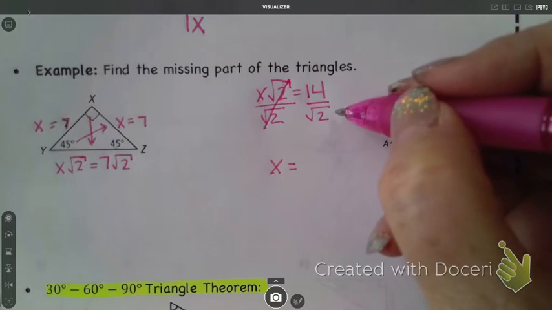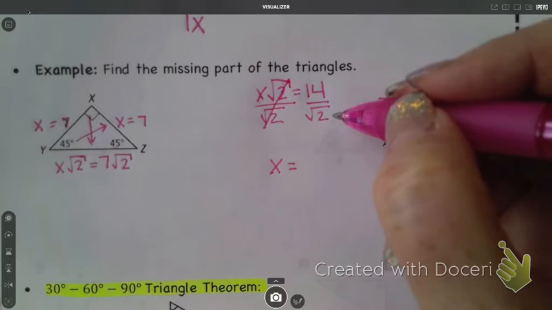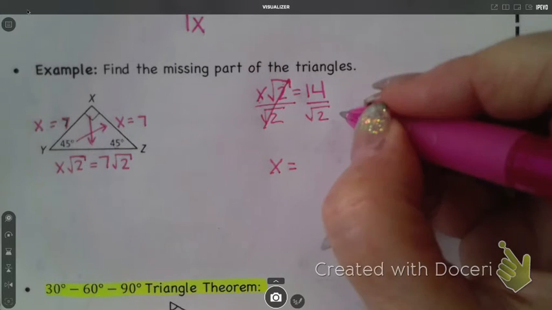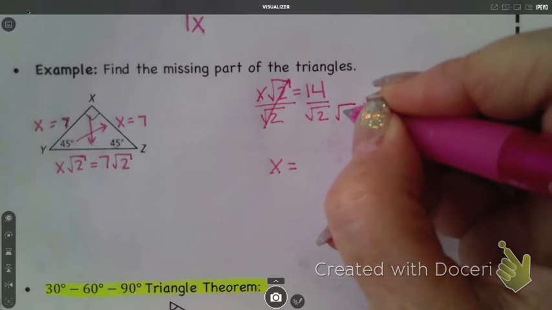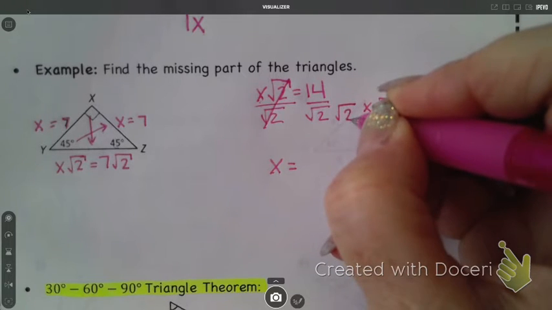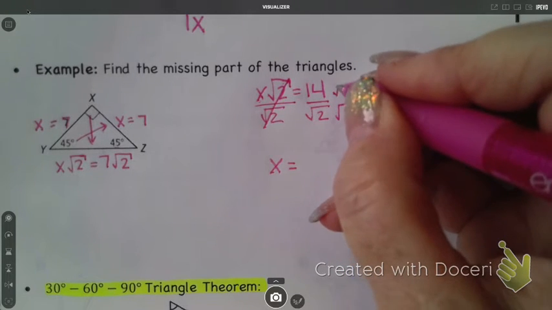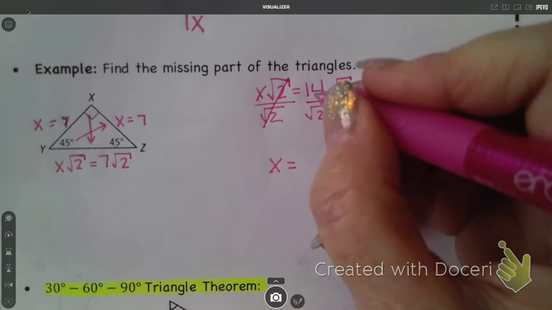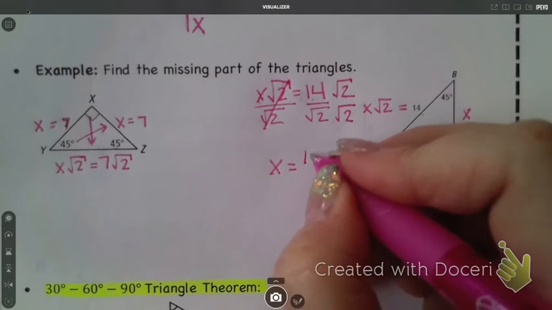Now, I cannot leave a square root in the denominator, ever. So how I get rid of it is multiply by exactly the same thing. So the square root of 2, but if I do it in the denominator, I have to do it in the numerator. So my numerator is 14 square root of 2.